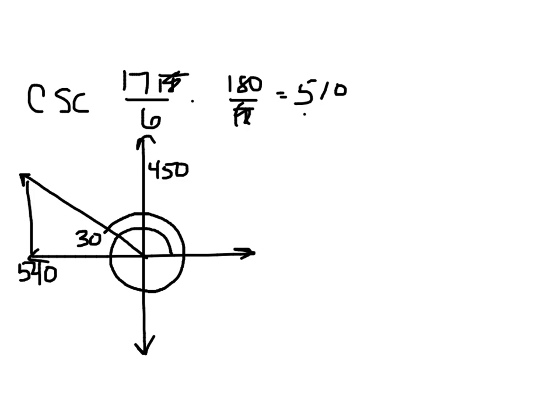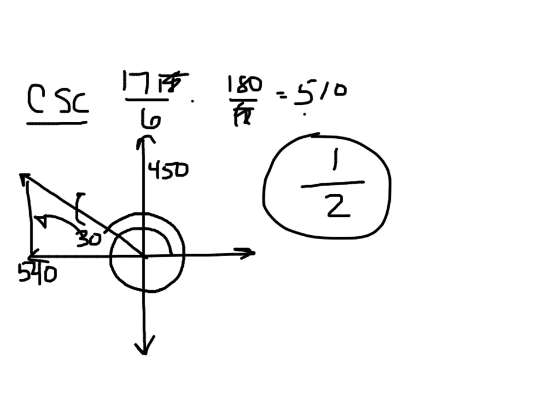Again, same kind of triangle. We are dealing with 30, 60, 90s and 45, 45, 90s all the time. For this particular one, cosecant, remember, is the reciprocal of the sine. Sine is the opposite side, which in this case would be 1, over the hypotenuse, which would be 2. We're not using the unit circle like I showed you guys yesterday.